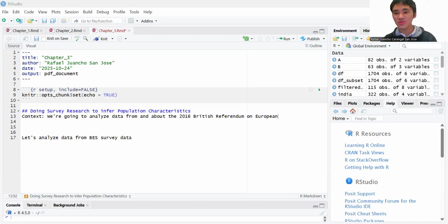Somehow my computer is buggy for some reason, it keeps switching tabs.